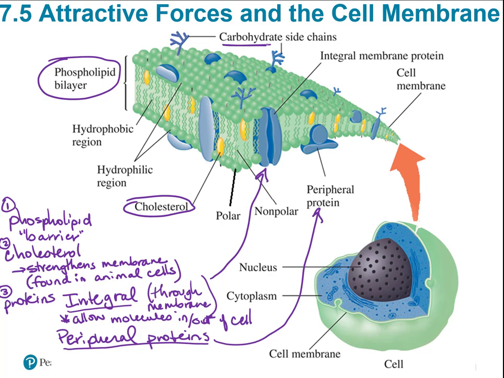Do you notice those carbohydrates? So there are proteins that have carbohydrates on them. What did we talk about where we said the pattern of the carbohydrates is important? What do you remember when talking about patterns of carbohydrates?